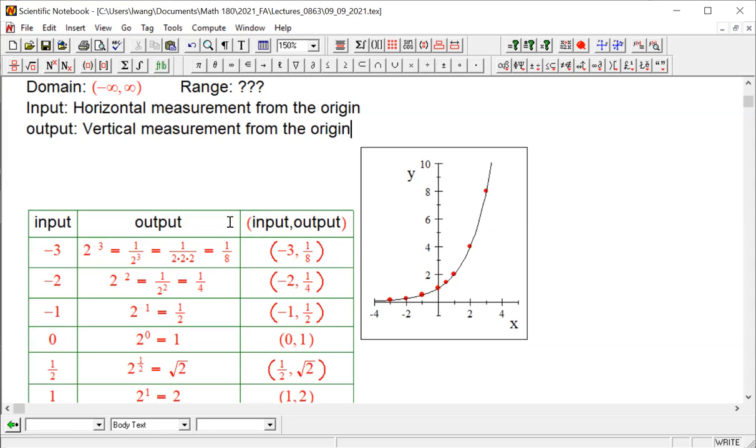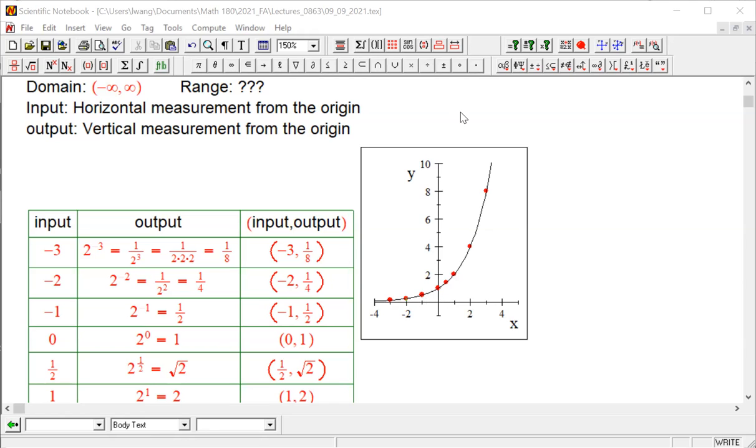Okay, we talk about the input, we understand the input, but how about the output? So for each one of these points, you see the picture, you see the visual, it tells us a lot. For example, for the input of -2, the output is this high. Can you see that? Can you see that height?